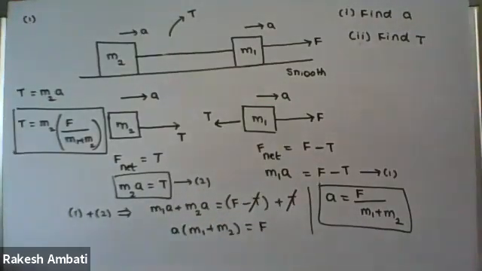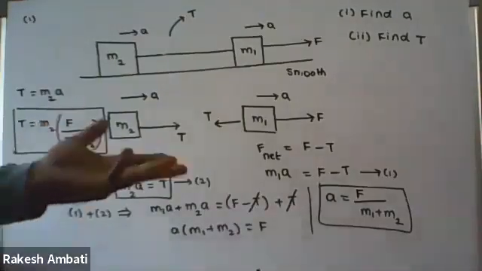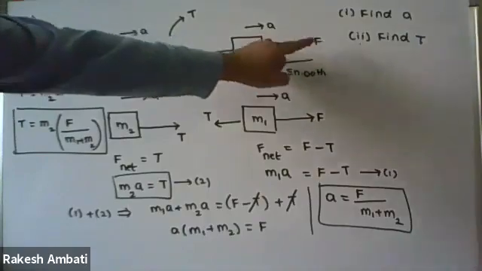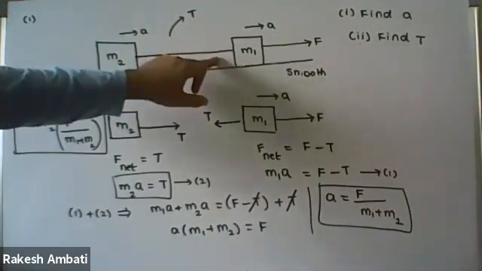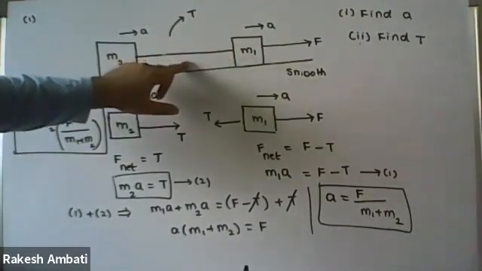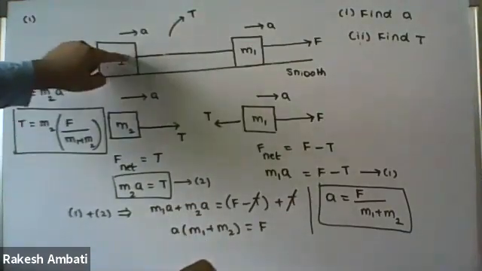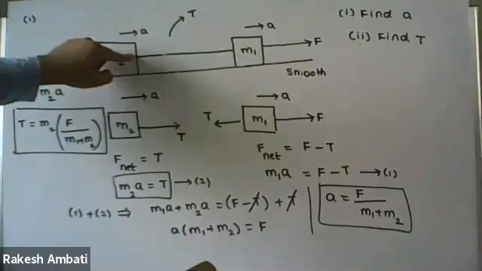Sir, in this diagram, M2 is acting as a resistance to M1. Can we say that? No, in this case there is no resistance at all. But when the force is applied, the string becomes taut. When the string becomes taut, tension force comes into the picture, and it behaves like the driving force for M2.